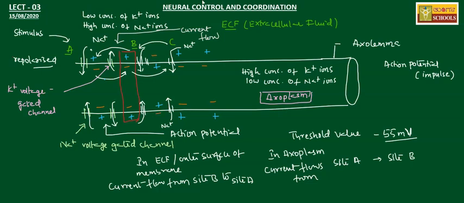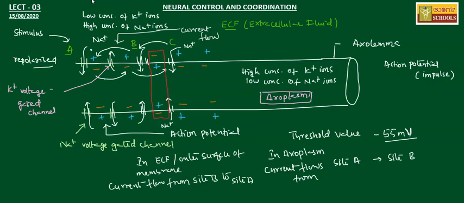Now at point B there is no action potential. So the impulse that started at site A has finally come to site C. So here is the action potential.